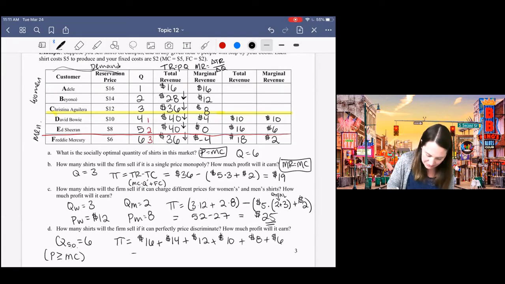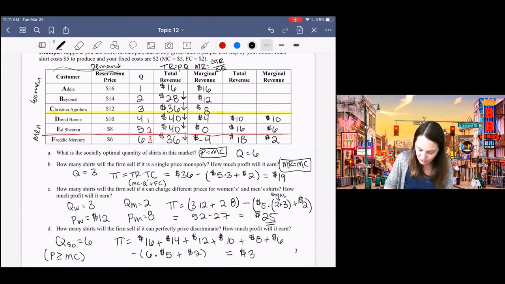And then our total cost is going to be, again, quantity times marginal cost. Oops, that's 5, plus your fixed cost. All right, so you plug all that into your calculator, you're going to get profit of $34. And this will give you the highest profit of any of these options.